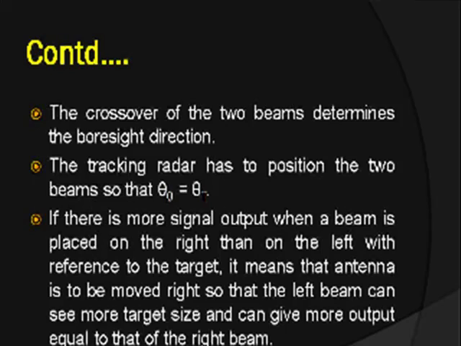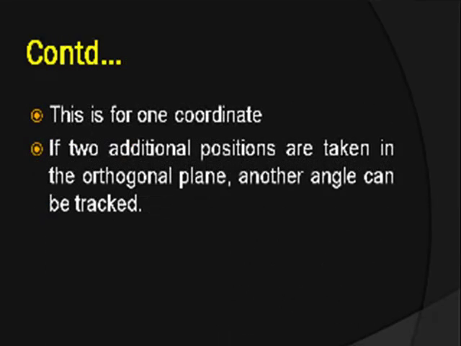If there is more signal output when a beam is placed on the right than on the left with reference to the target, it means that antenna is to be moved right so that the left beam can see more target size and can give more output equal to that of the right beam. And if additional positions are taken in the orthogonal plane, another angle can be tracked.